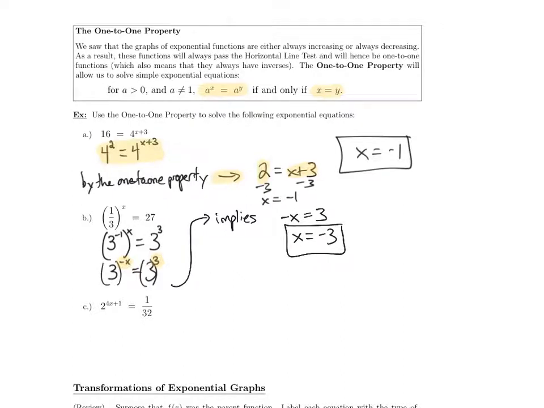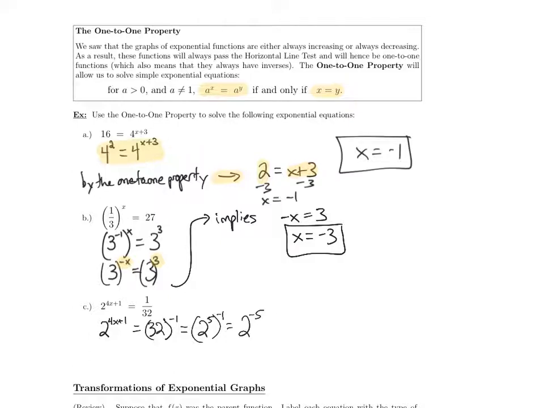We'll do similar work over here, where I can write 1/32 using base 2, as 32 to the -1, which is the same thing as 2 to the 5th to the -1, which is the same thing as 2 to the -5th power.